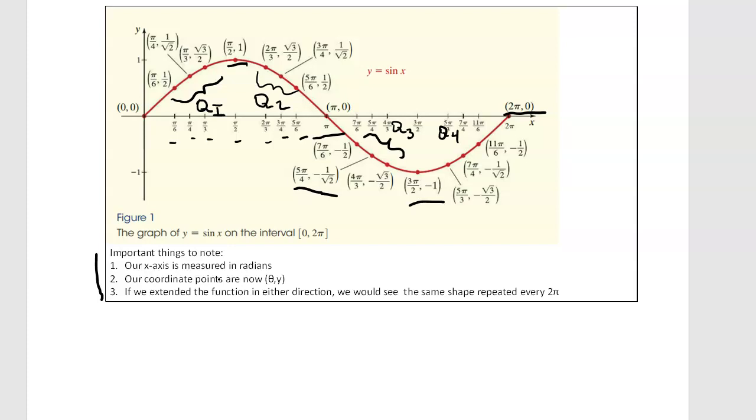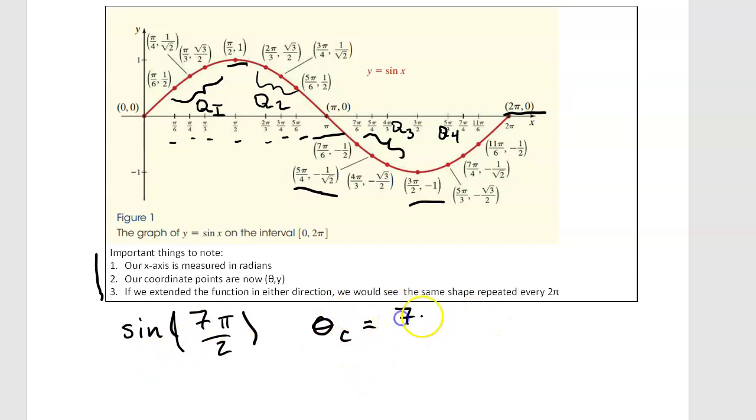Okay, so the reason why it repeats every 2 pi is, remember that if we have something like sine of, say, 7 pi over 2, we started evaluating this by finding the least non-negative coterminal angle for theta.